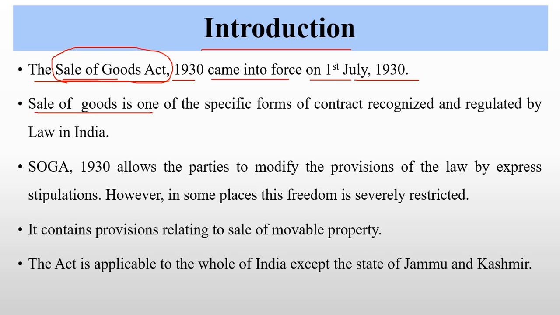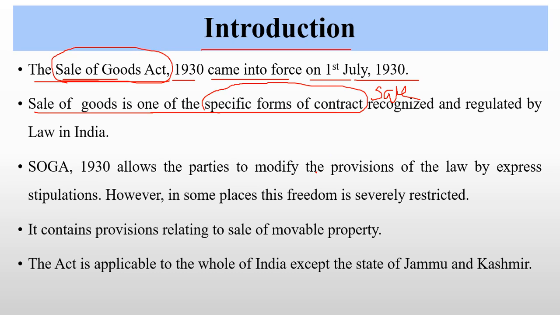Sale of goods is one of the specific forms of contract, which means the contract of sale. Basically, the sale happens only between the buyer and seller.